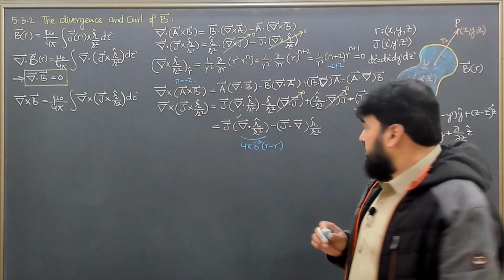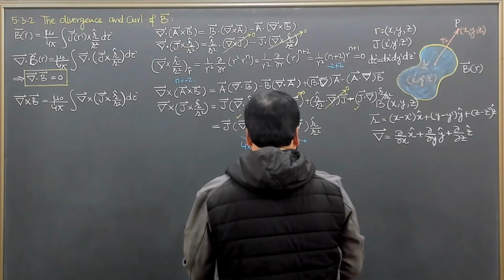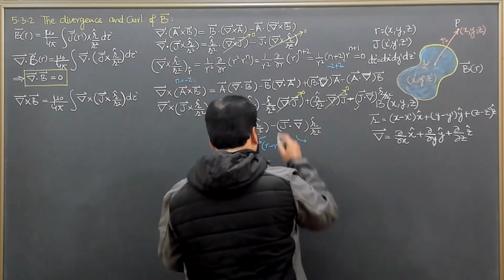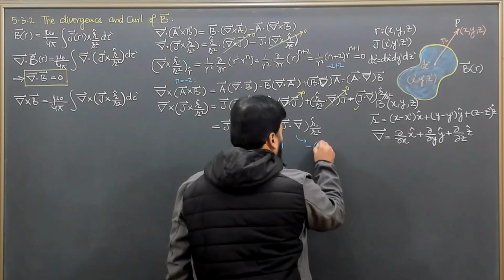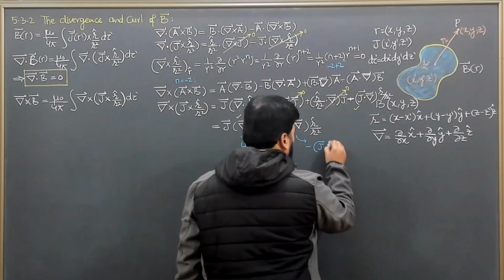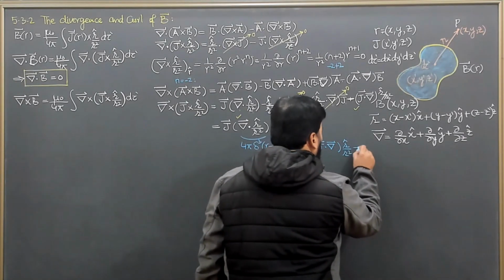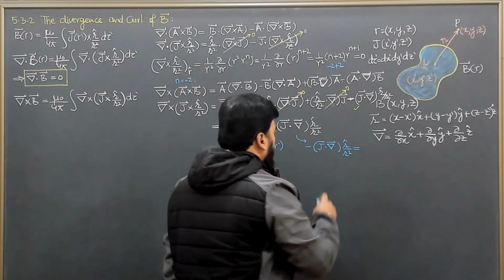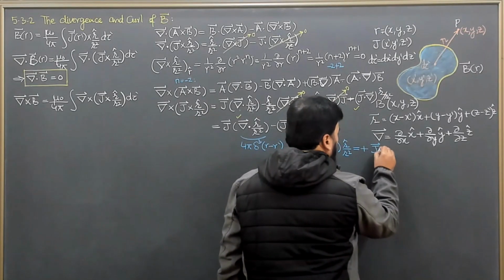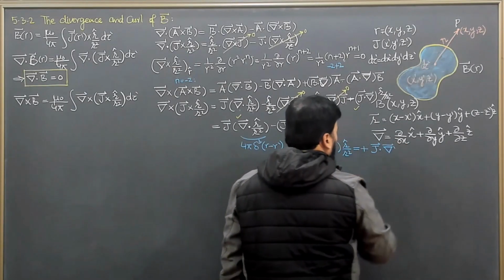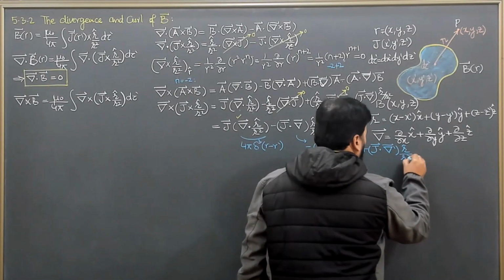From our calculus trick, if I write this in primed and unprimed coordinates, then minus J dot del acting on R over R squared is equivalent, but with a positive sign, to J dot del prime acting on R over R squared.